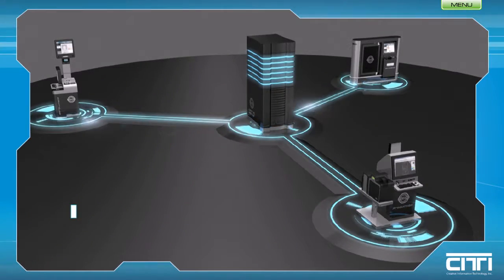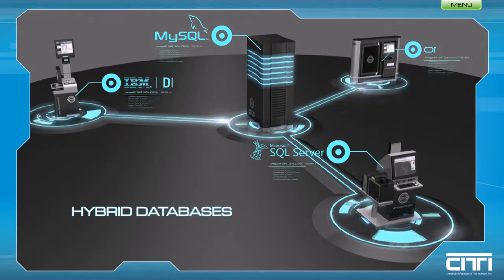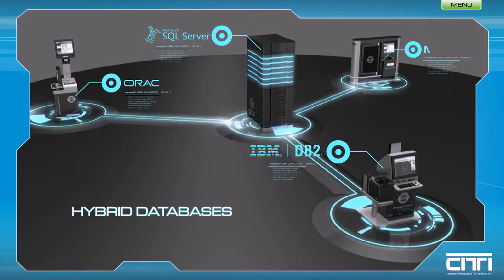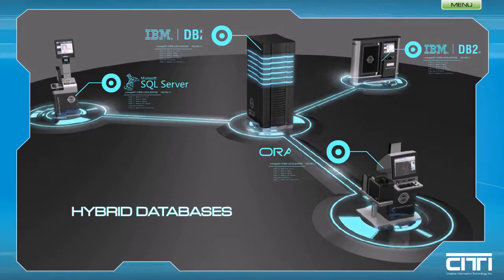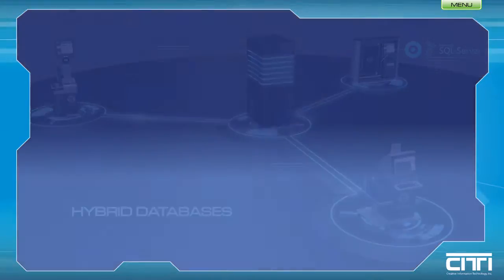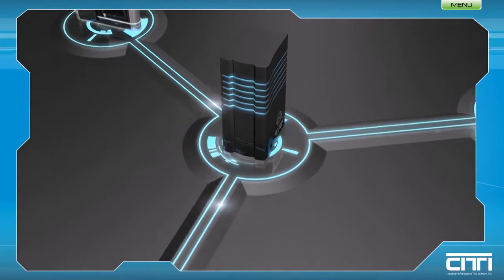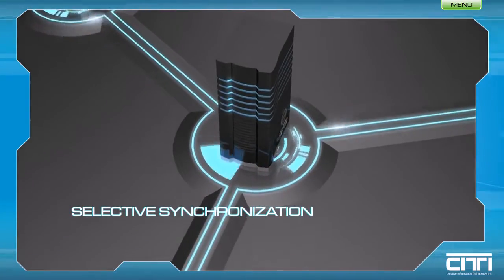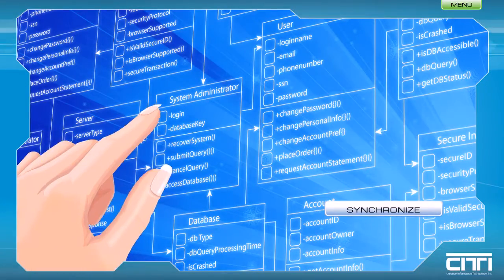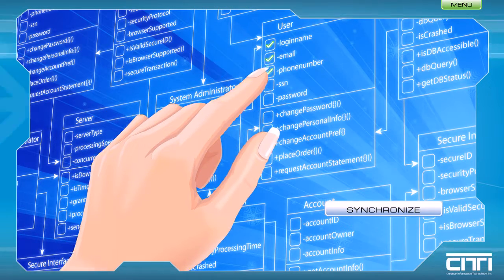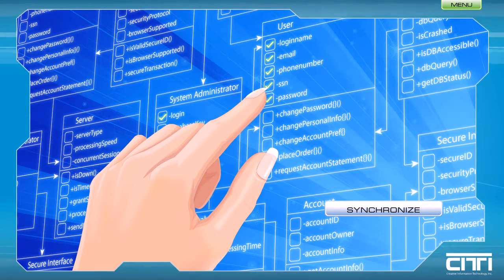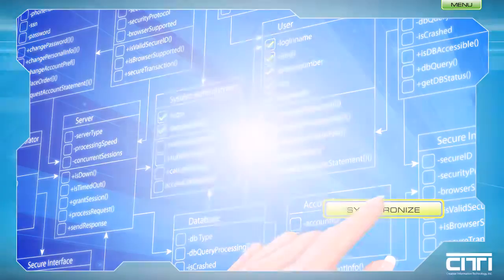It also supports hybrid databases. ManageID Sync Engine functions seamlessly, with different database systems coexisting within the ManageID ecosystem. ManageID Sync Engine allows selective synchronization of information. Depending on the requirement, users can configure the system to synchronize the complete database or selective tables or components effortlessly.